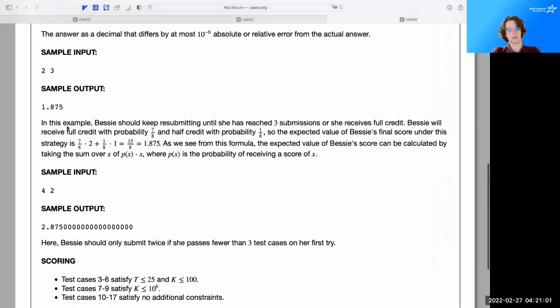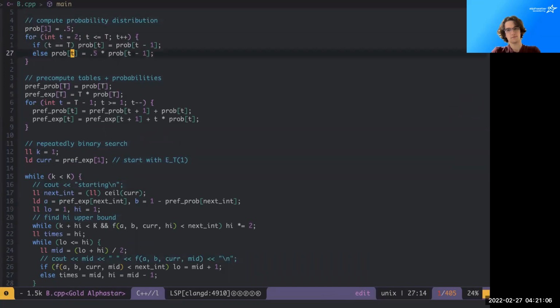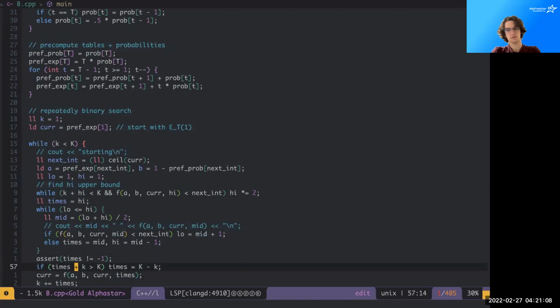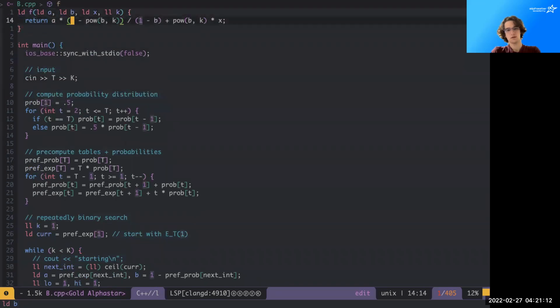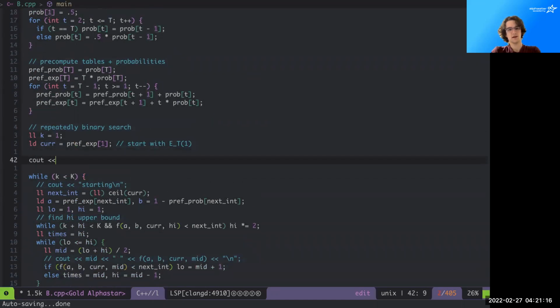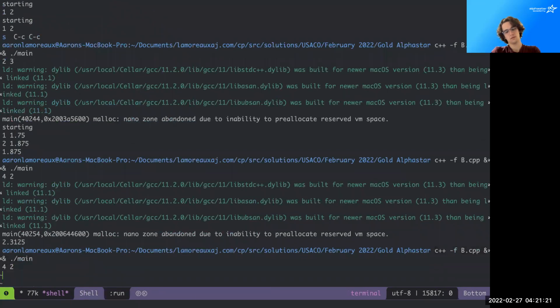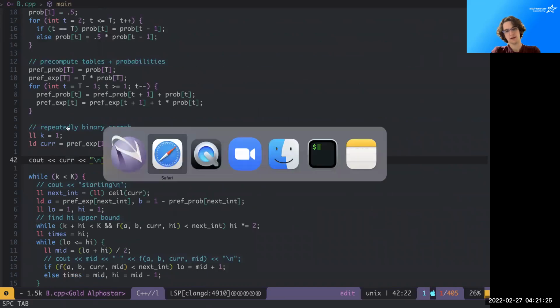2.315, is that correct? Let's see what our initial value is. .875.